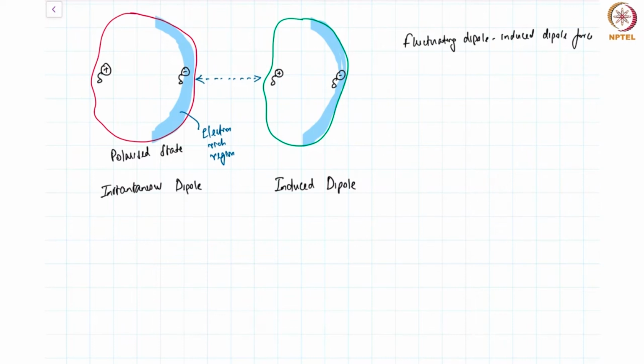Now these forces basically come under the larger description of London dispersion forces. These are also sometimes referred to as charge fluctuation forces.